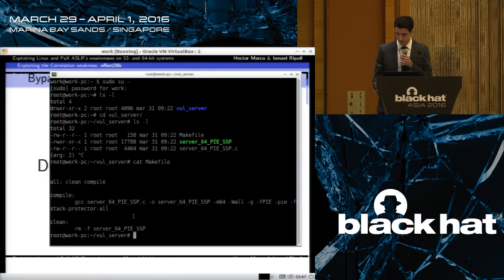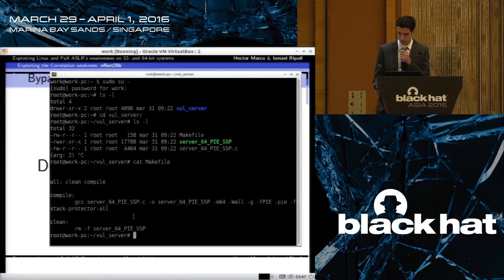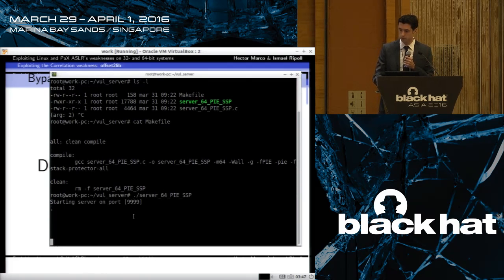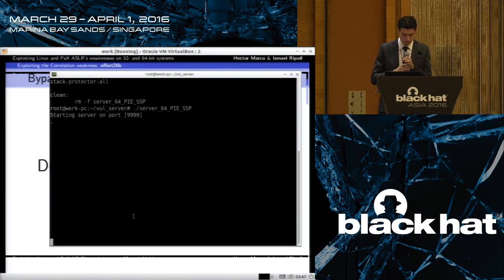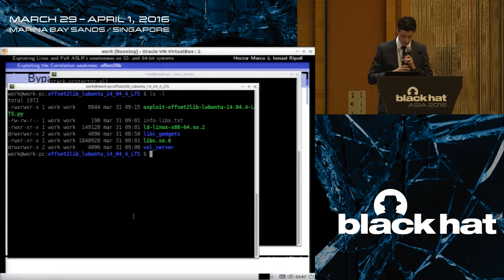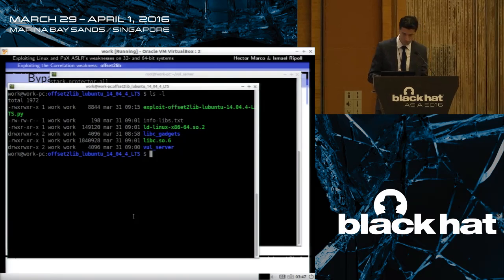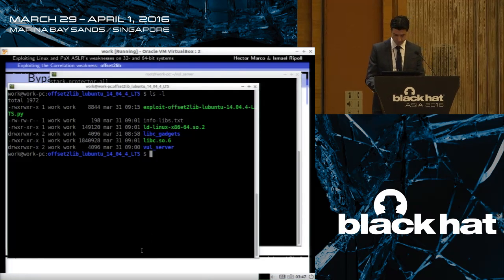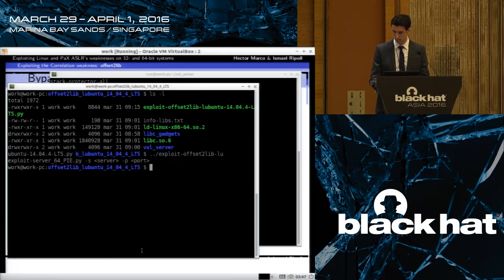So the server is running on this port, and we are going to launch the exploit.